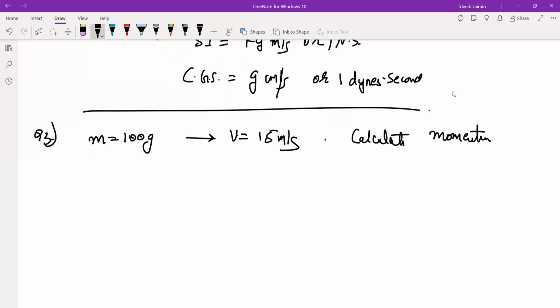I'll give you only 10 seconds. The time starts now. 5, 6, 7, 8, 9, 10. So 1.5 kg meter per second. Super. Correct.